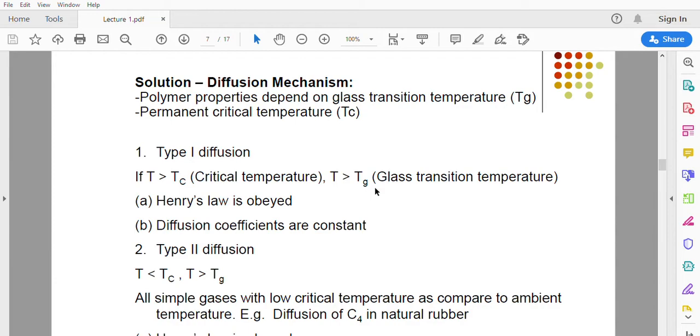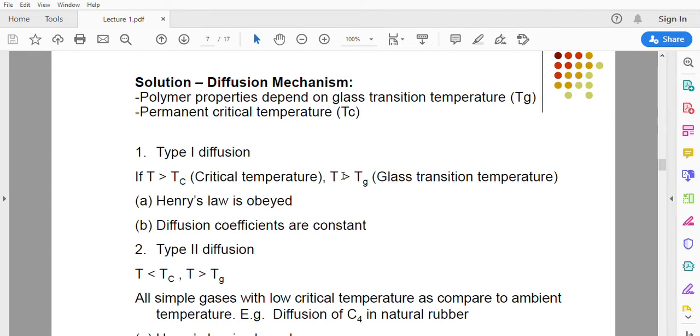The glass transition temperature is a property of the membrane polymer, and the critical temperature is a property of the feed gas which you want to separate out.